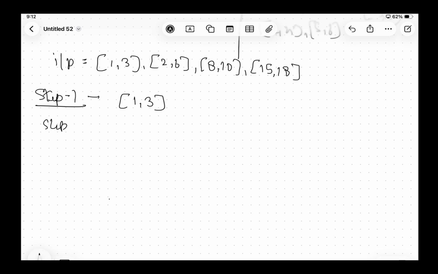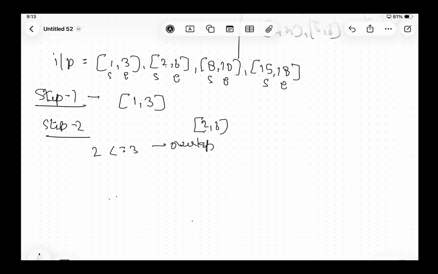Then step 2. I'm going to compare the next one with 1, 3. This is start, this is end, and so on for each interval. So I compare with 2, 6 now. 2 is less than or equal to 3, which means it is in between, so it is going to overlap.